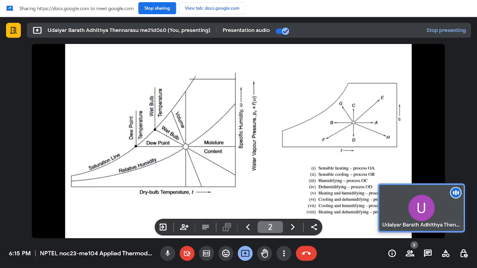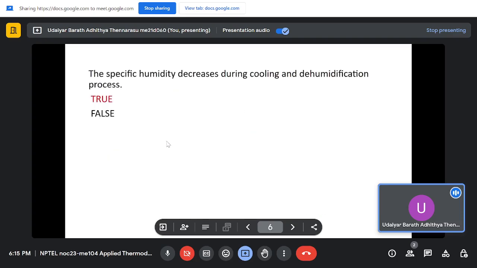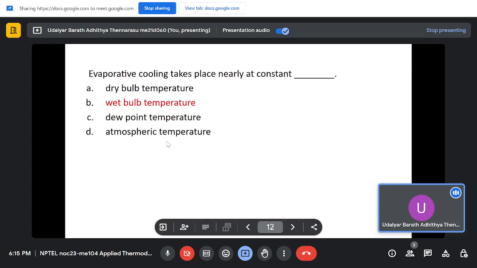In the humidification process, the wet bulb temperature will remain constant throughout the process. Because you are humidifying air, the maximum it can reach is the wet bulb temperature. It cannot go below wet bulb temperature.